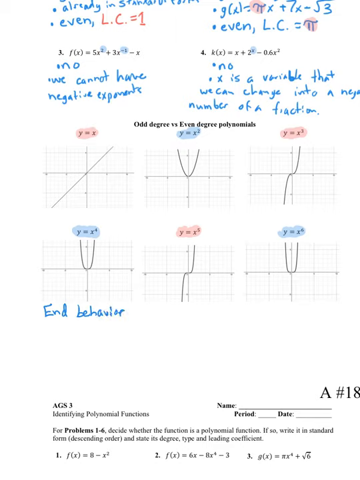But basically, end behavior is determined by 2 things. It's determined by odd or even degree polynomials.